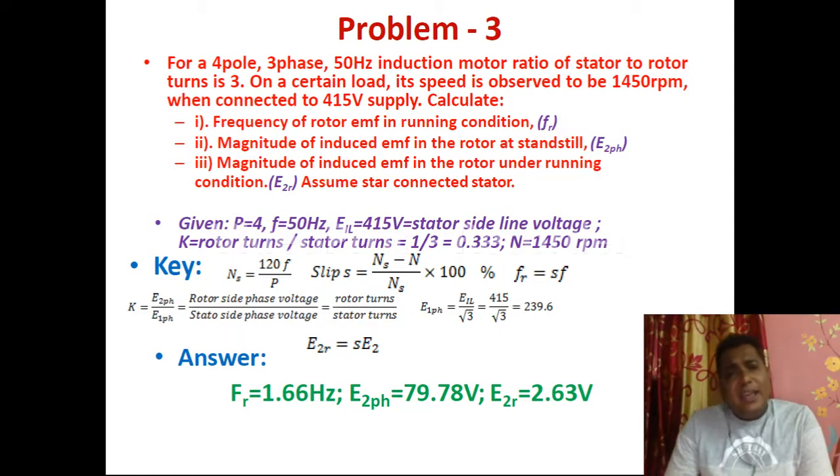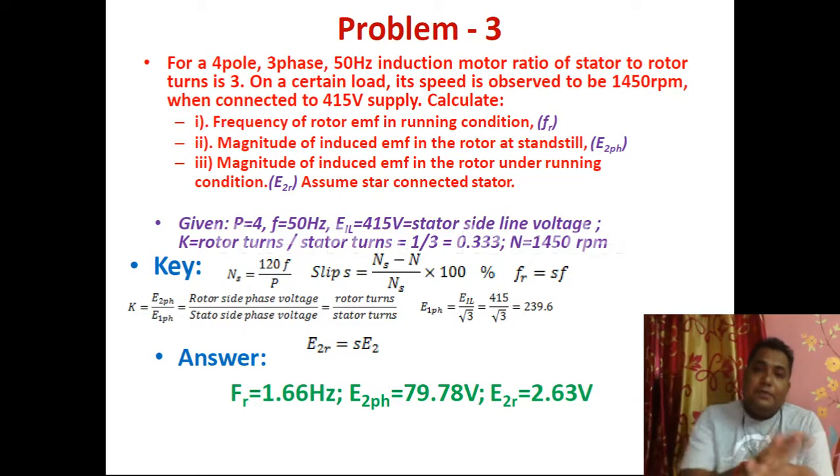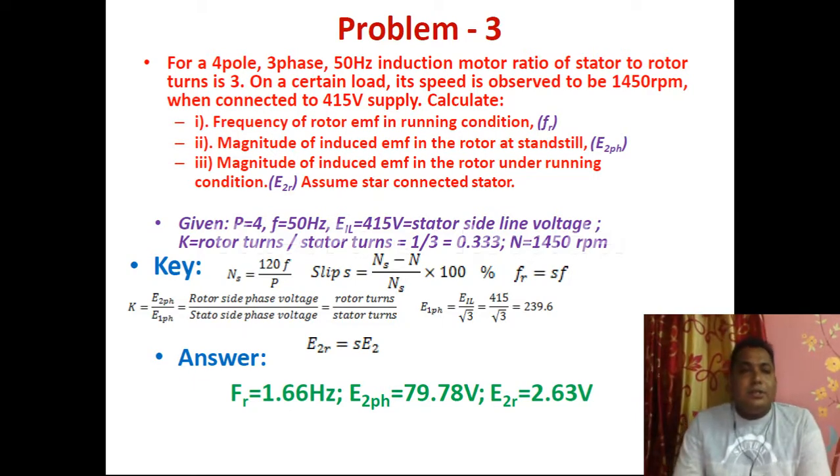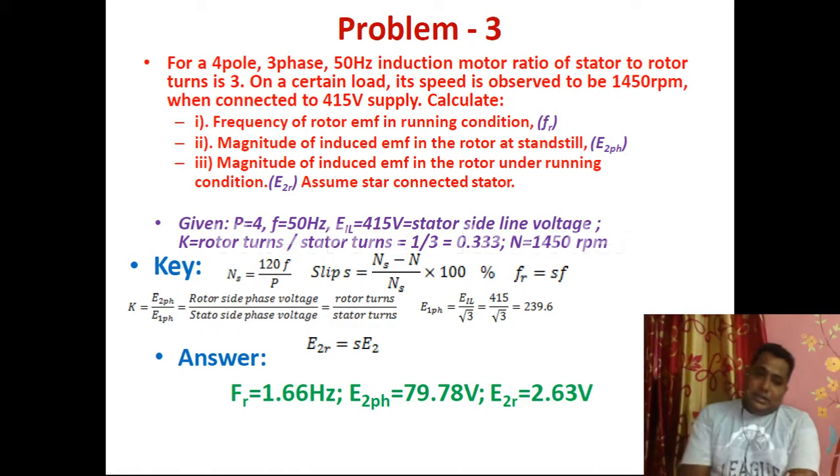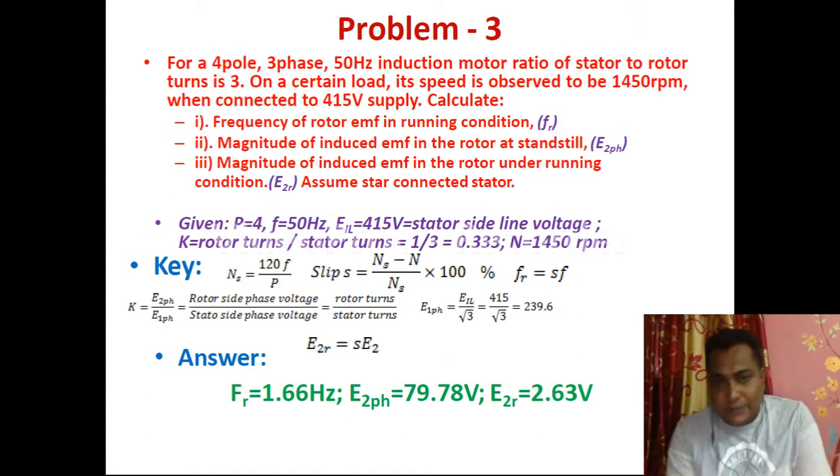When connected to a 415 volt supply, calculate the frequency of the rotor EMF in running condition, Fr, the magnitude of the induced EMF in the rotor at standstill, and the magnitude of the induced EMF in the rotor under running condition. Assume star connected stator. Okay, very interesting problem, this one.